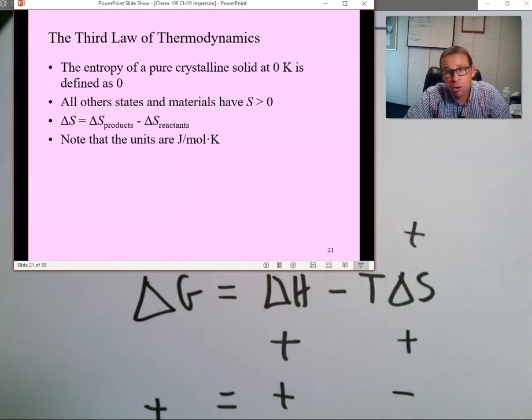So, our third law of thermodynamics is simply what we've said already, is that the pure crystalline solid at 0 Kelvin is defined as zero entropy. So delta S is products minus reactants. We should also pay attention to our units.